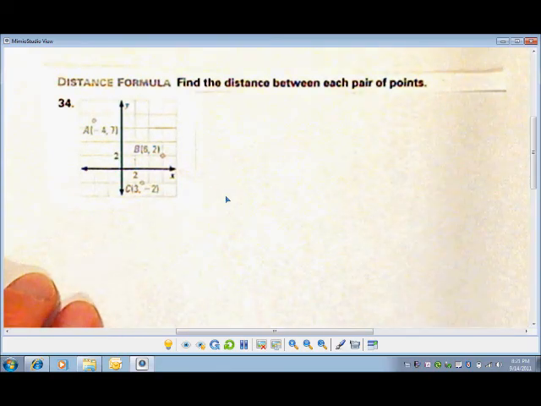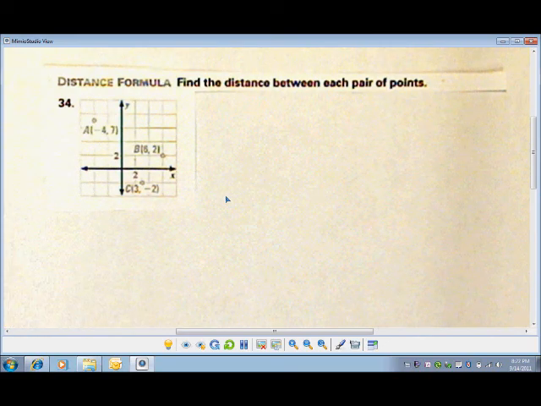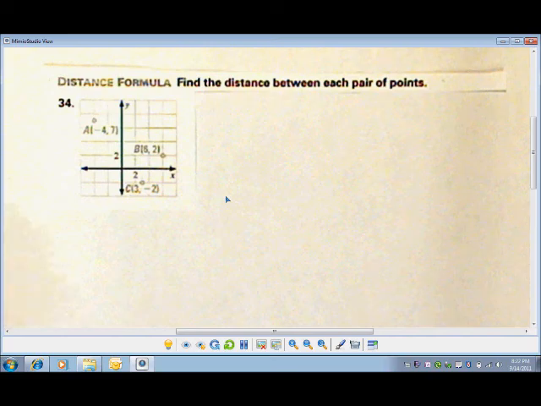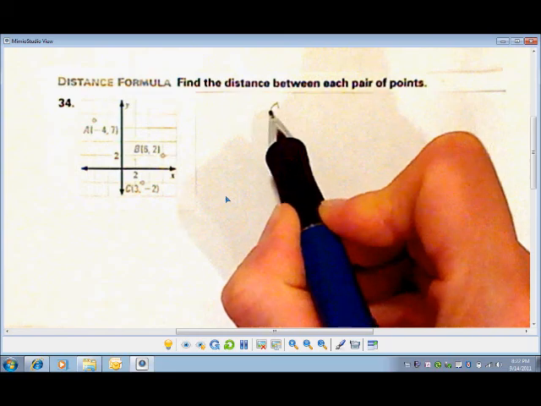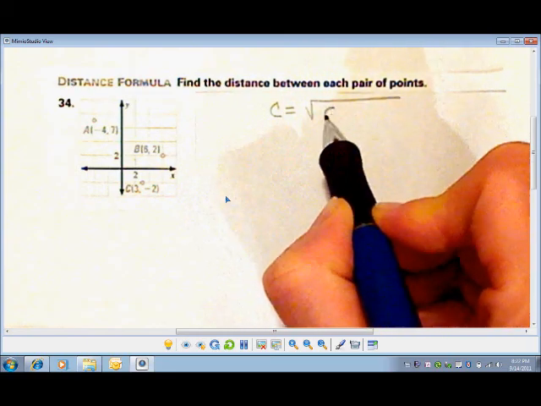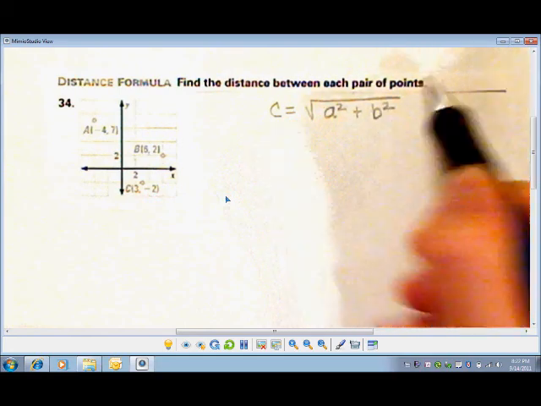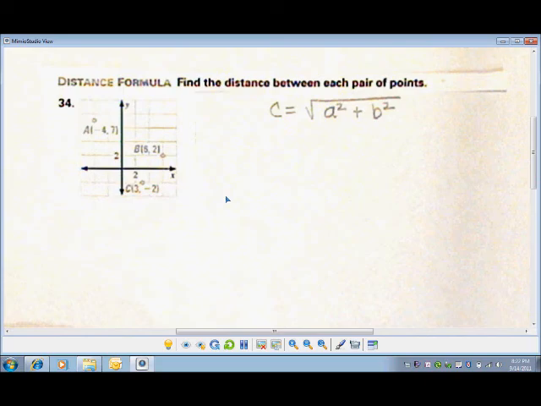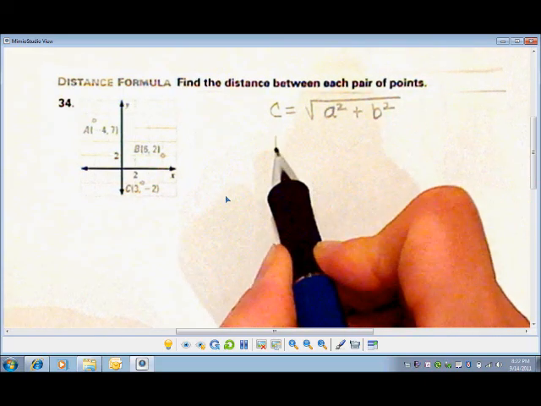Before I even get started, let's just write down what the distance formula is. If you recall, the distance formula is nothing more than Pythagoras' theorem. So if I were to write down the Pythagorean theorem, I get that. So the distance formula is the same thing.